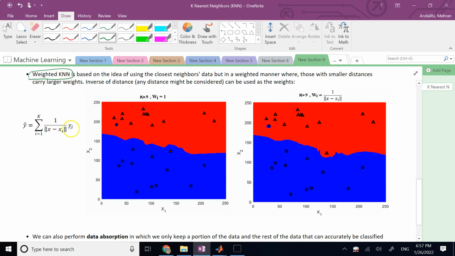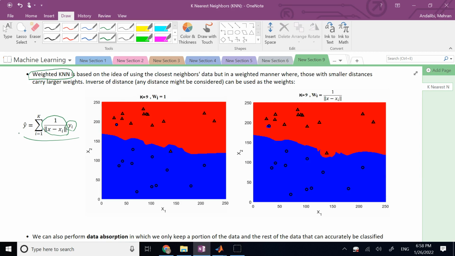The value estimated does not simply come from a majority vote. You can weight the values of the labels by the reciprocal of the distances as weights and add them, or something like that. And you might say, what's the effect of that?